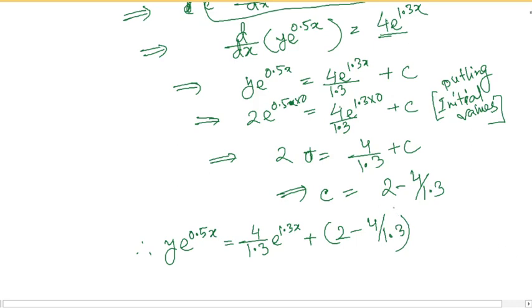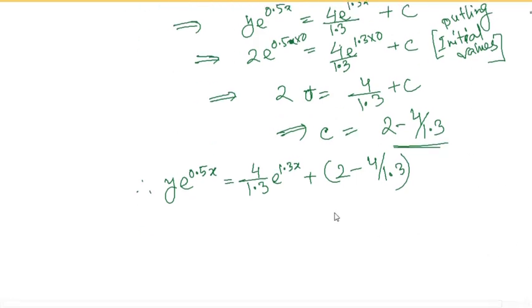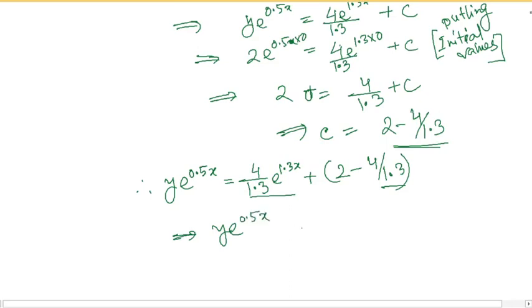Why I'm keeping it like this? Just because I can combine this together. This is up to you, just because this is an analytical solution. You can make it as short as possible. 4 by 1.3 times e to the power 1.3x minus 1, plus 2.